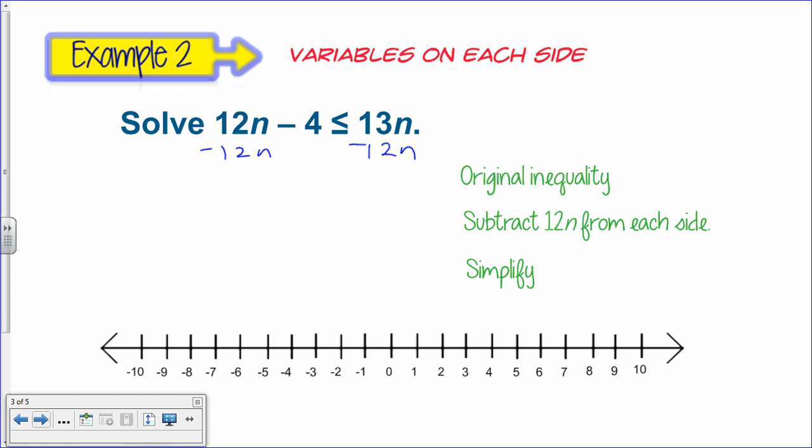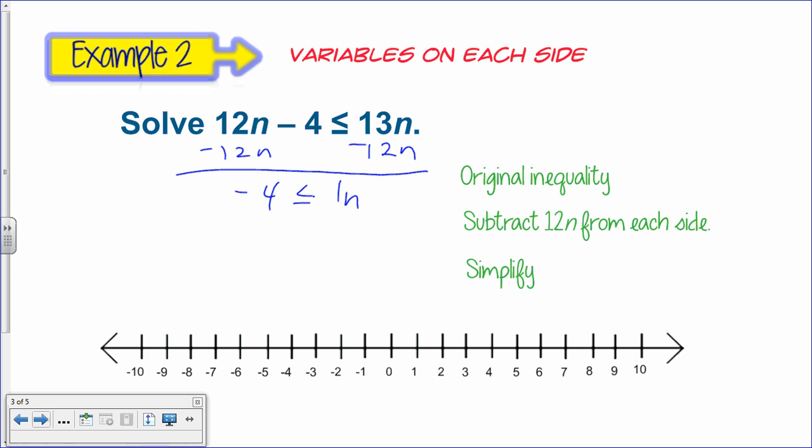Notice, I put it right underneath what I'm going to combine it with. If I weren't combining those two, I'd probably just put it over here offset to the side. Okay. That gives me one n.